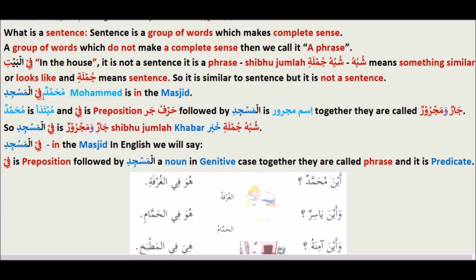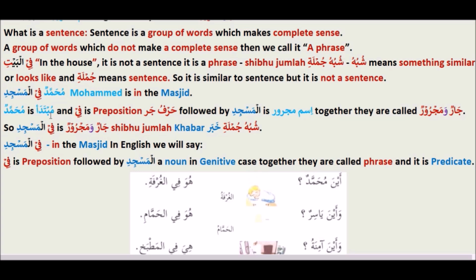Muhammadun fil masjid. Muhammad is in the masjid. Muhammadun is mubtada. Fi is harfu jar and it is followed by al-masjidi, ism majroor. Together we call it jarun wa majrurun. So fil masjidi is jarun wa majrurun shibhu jumla khabar.